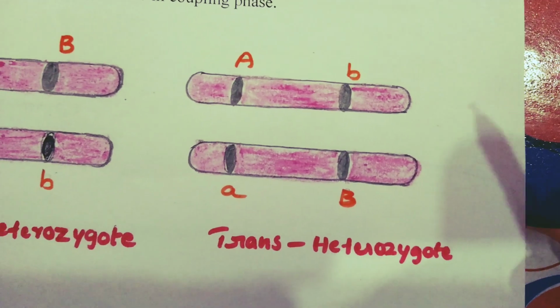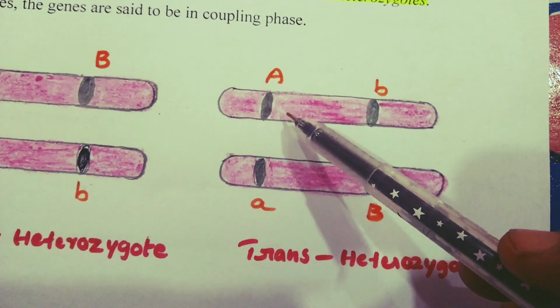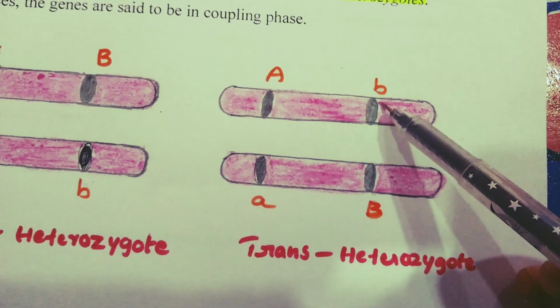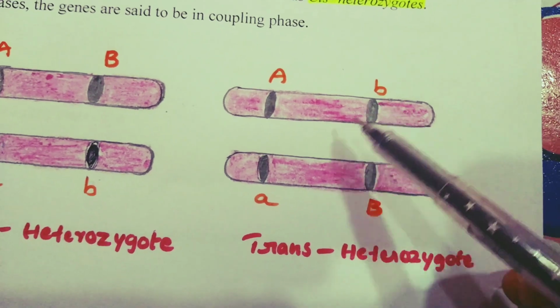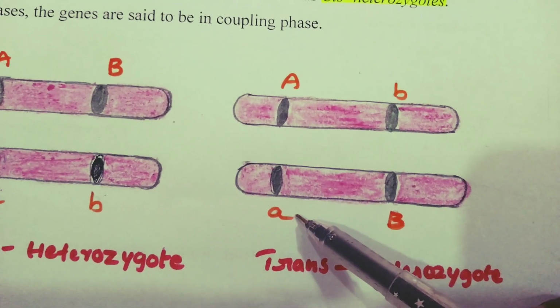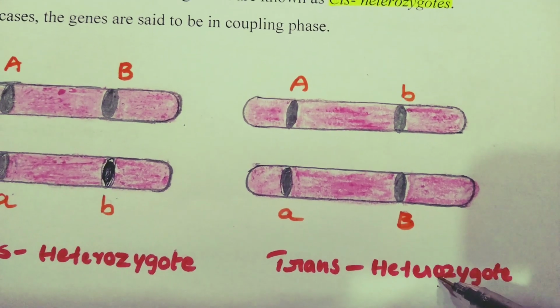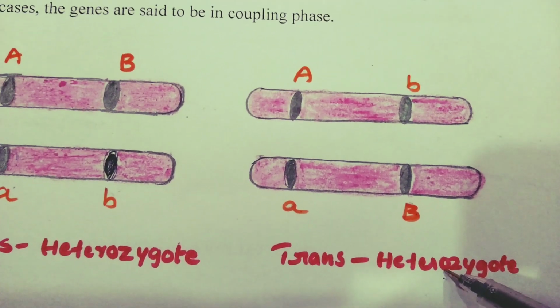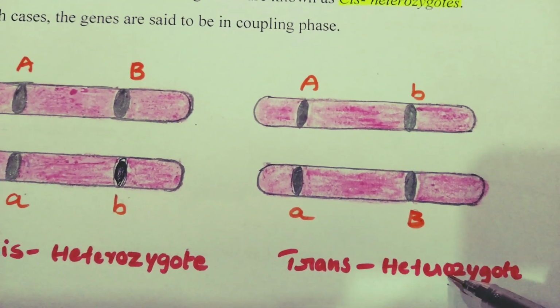In this case, one homologous chromosome contains one dominant allele and one recessive allele. The other homologous chromosome contains one recessive allele and one dominant allele. So this is also a heterozygote, because two different genes are present, but the arrangement is different.